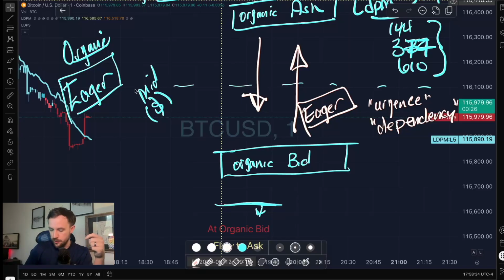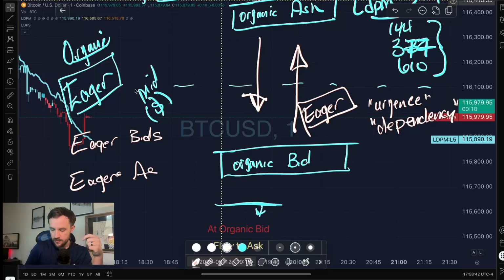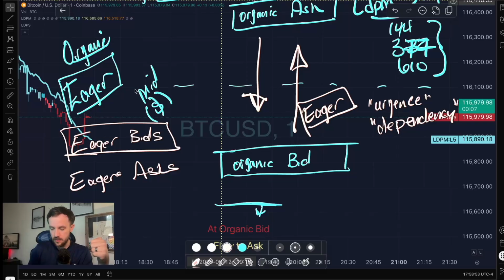So these are the eager bids and the eager asks. These have an opposite consequence than the organics. When we see the introduction of an eager bid, we know that it's transacting up to the organic ask.